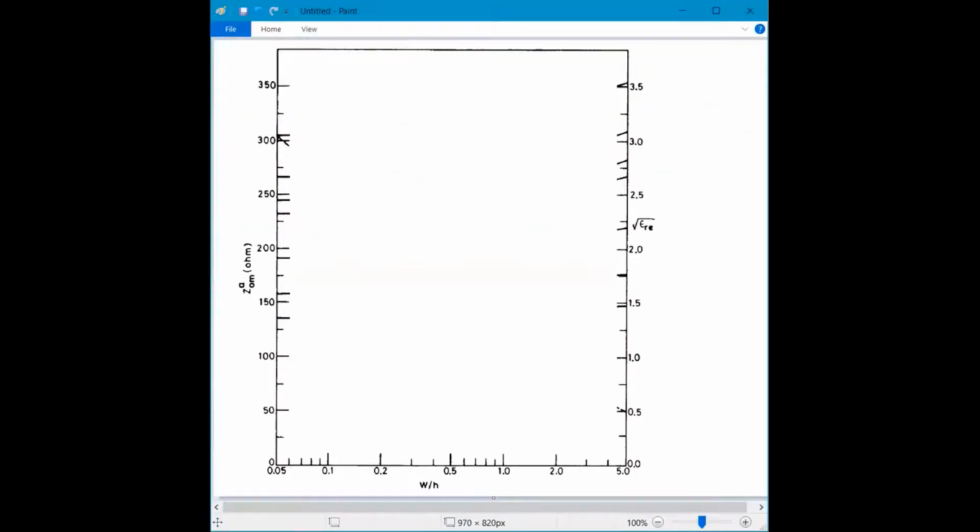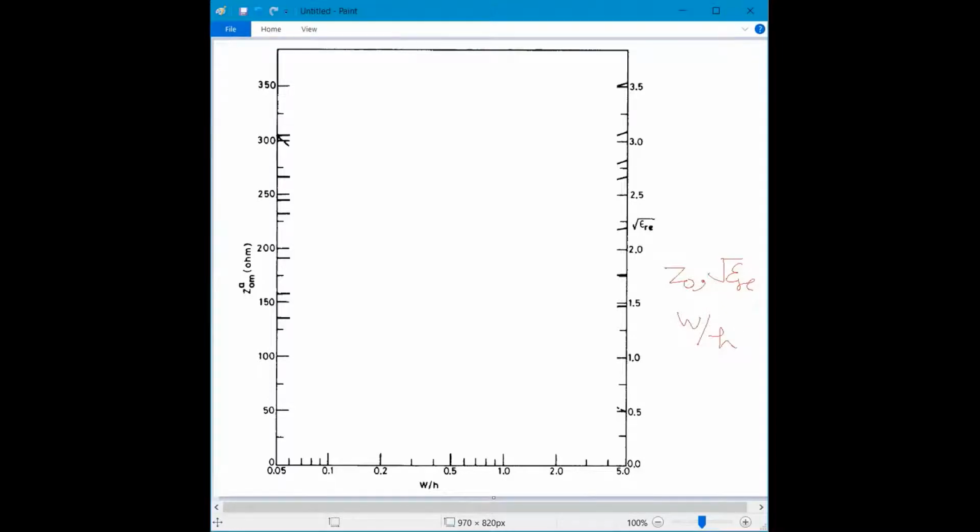So here we can see that there is a relation between characteristic impedance, effective dielectric constant and W by H ratio.